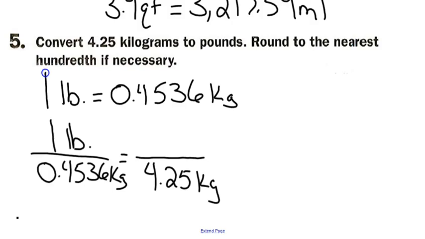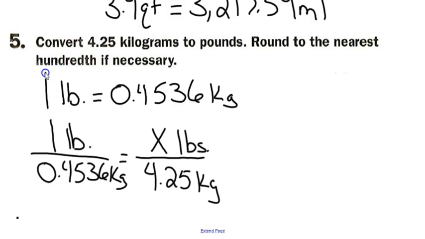Notice how I have kilograms both in the denominator. And then I want to know how many pounds that is. So if 1 pound is 0.4536 kilograms, that means how many unknown pounds is equal to 4.25?